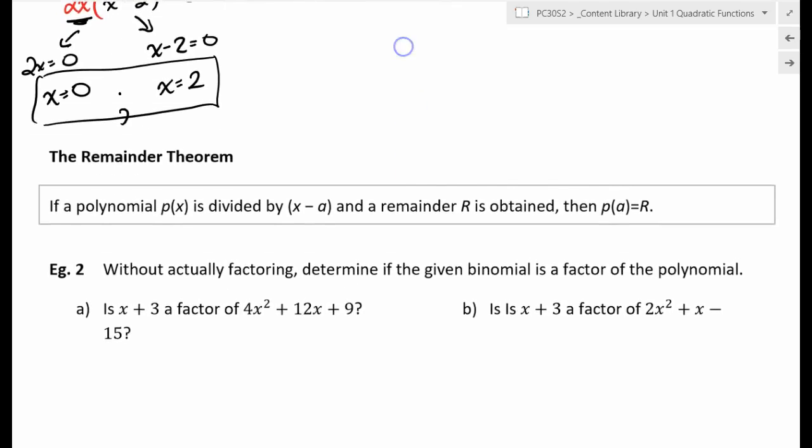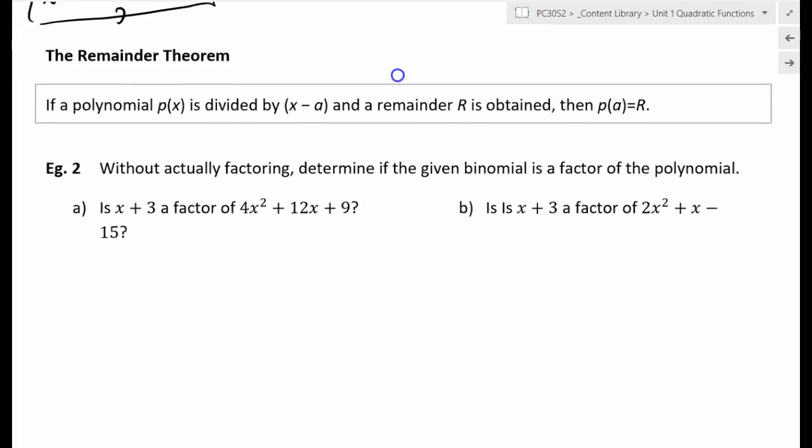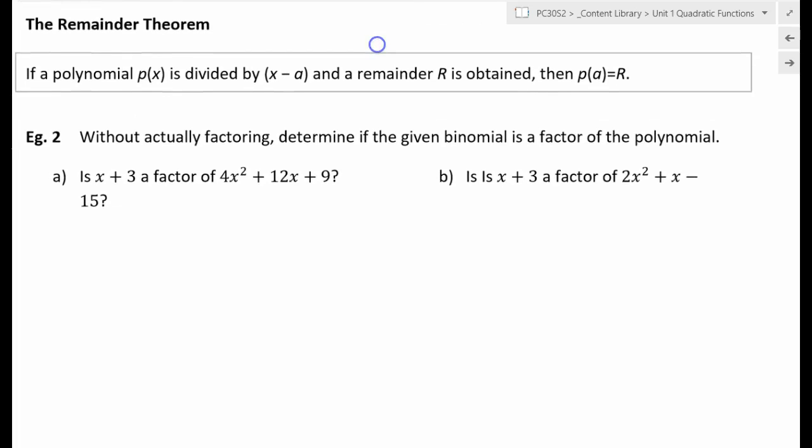But with the idea of factoring and being able to solve for x, comes this idea of the remainder theorem. Now, this is something that you definitely see again in grade 12 pre-cal. And how it works is it says that if we have any polynomial, so that includes quadratics. Okay, so this is just my general function notation for an equation.